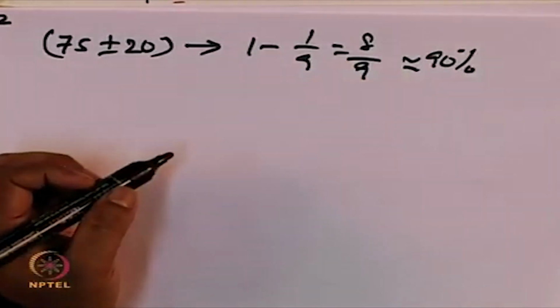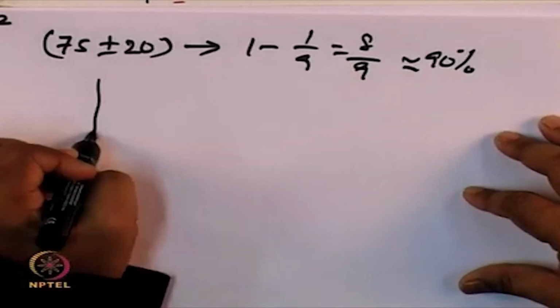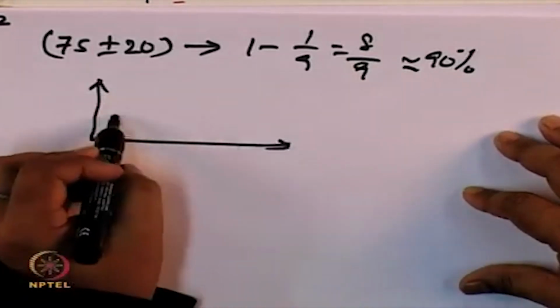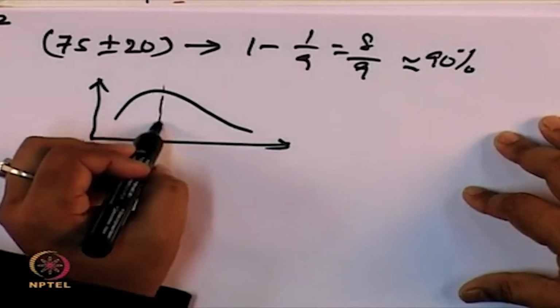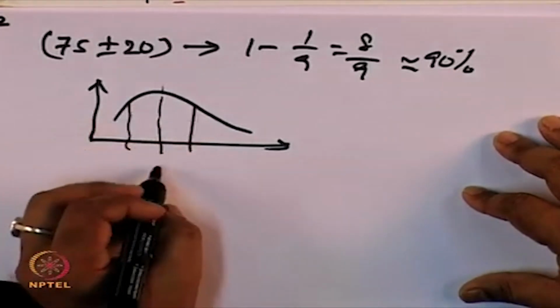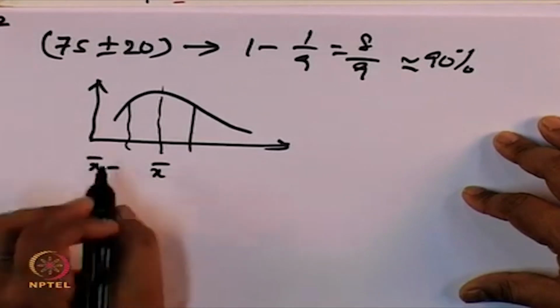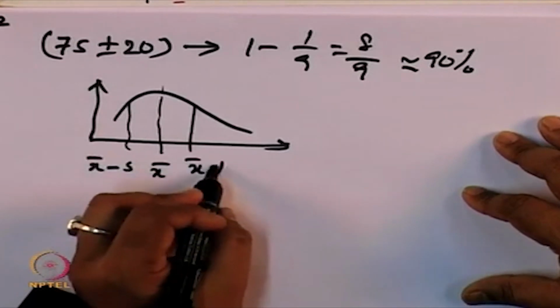But as I had stated last week in last class, for a generic distribution, Chebyshev's theorem is actually a very conservative estimate. So, this is your x bar minus S, x bar plus S, right.